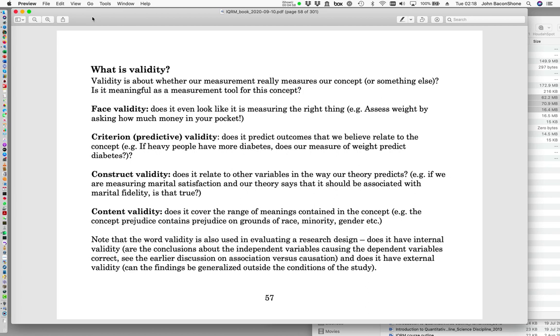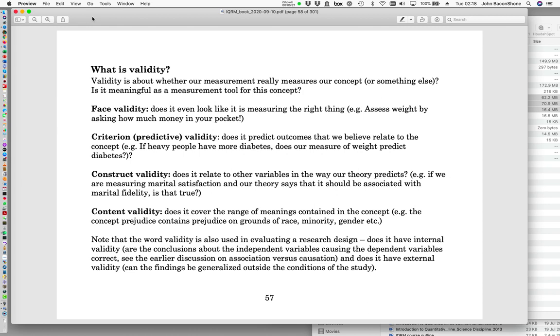Now you need to be a little bit careful because validity is also used in the context of evaluating a research design. So this is different to validity in terms of a measurement tool. When we talk about a research design, internal validity is about our earlier discussion about association versus causation.